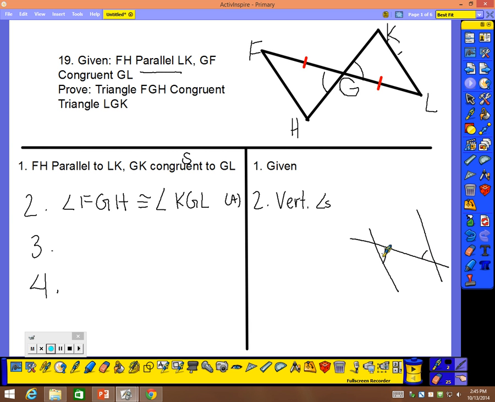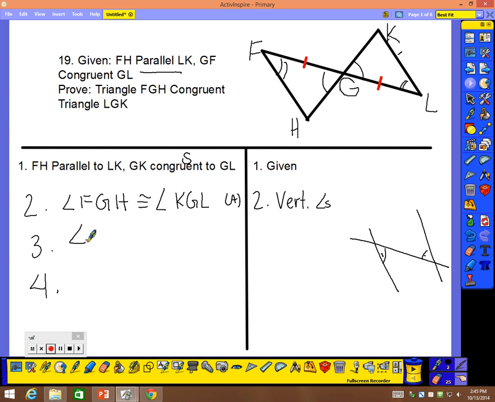In fact, I'll give it a double arc. And now I can see, because of alternate interior angles, if the lines are parallel, they would be congruent. So I found another set of congruent angles.